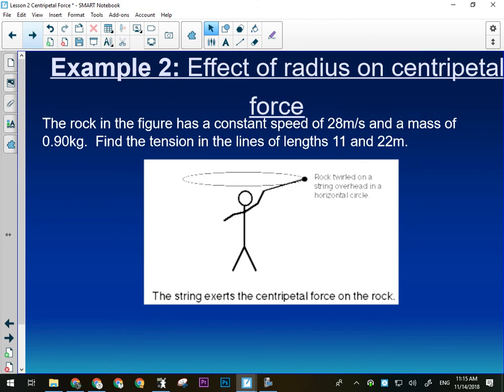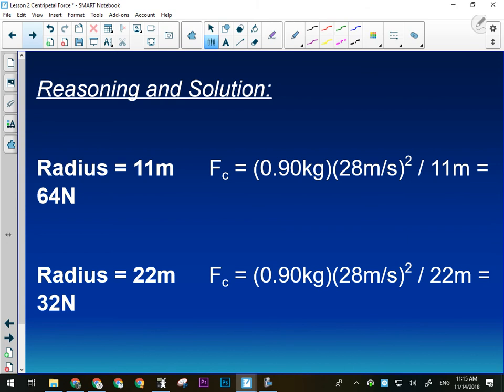All right, effective radius on centripetal force. We've already said that likely the relationship here is that as radius increases, centripetal force will decrease. So if we're looking at that, we would just plug in those numbers again. So now we're going to keep the speed at 28 meters per second, and we're going to use the same plane, but now we're going to use 11 meters and 22 meters.